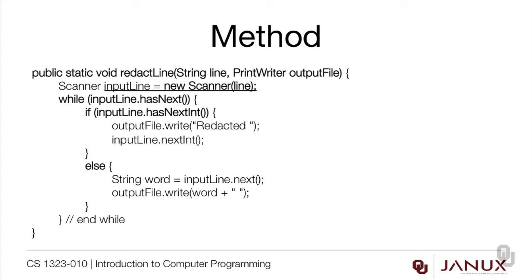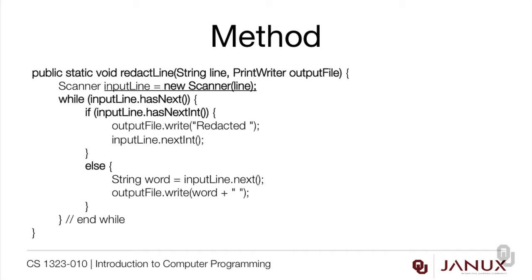And then we look and see, is the next thing that's going to be read in an integer? If it is, we write out redacted with a space after it. And then we do inputLine.nextInt. So what we're doing here is skipping over the next integer that's in the input line, and in the output file putting redacted. Otherwise, we do what we did before.